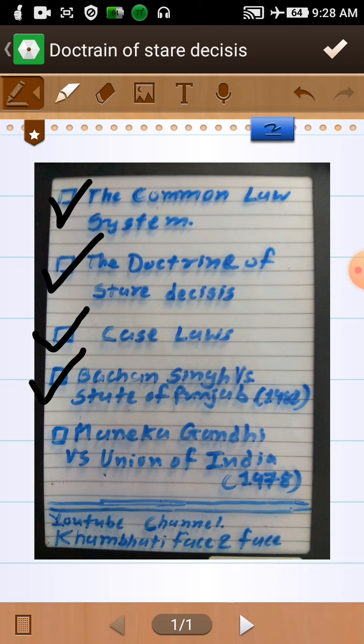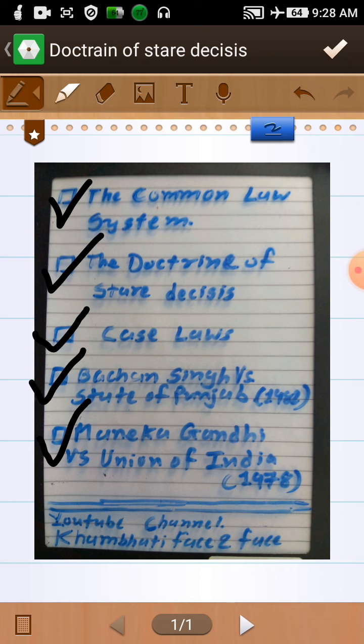Another supervening circumstance was the decision of the Supreme Court in Maneka Gandhi versus Union of India, which gave a new interpretation to Article 21 and Article 14 of the Constitution.